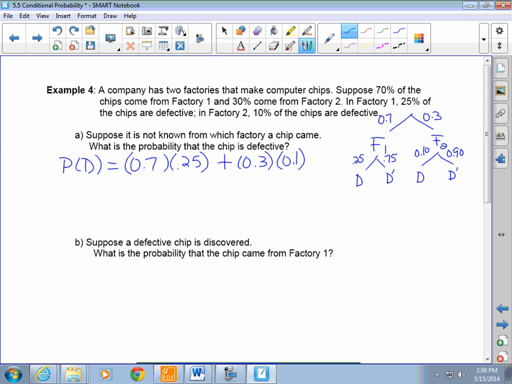So factory 1 and defective is 0.7 times 0.25, which is 0.175. And the amount that would be defective from factory 2, 0.3 times 0.1, is 0.03.